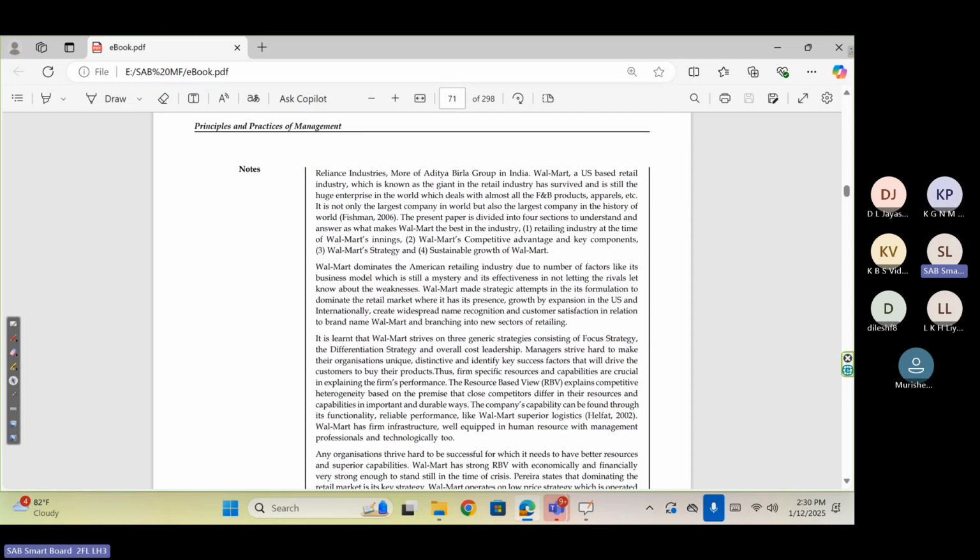Walmart dominates the American retailing industry due to a number of factors like its business model, which is still a mystery, and its effectiveness in not letting the rivals know about the competitors. If this is the case, then Walmart tries to acquire to minimize the competition.